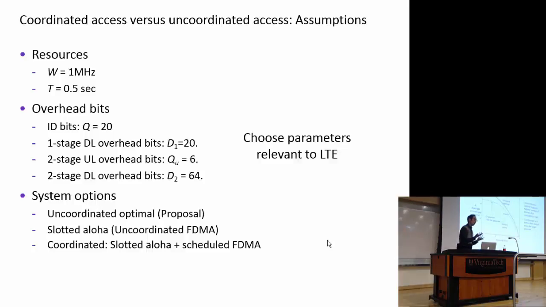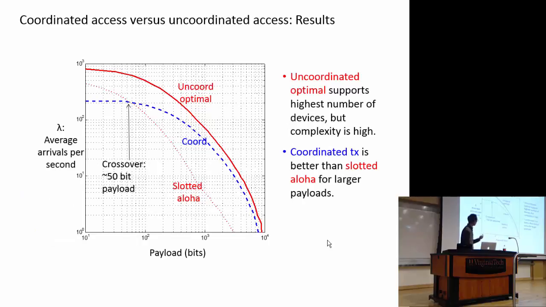And just to give you a feel for how our proposal performs, this is the metric of interest. This is the average number of devices per second that can be supported by our system. So the higher we are, the better. The x-axis is the payload size. And so we have three curves.